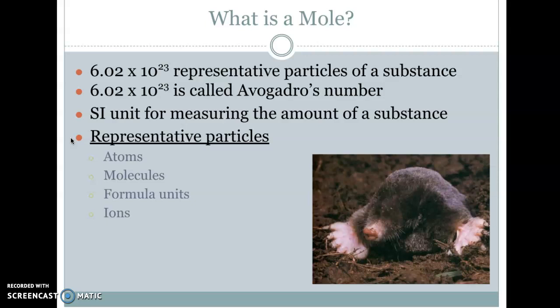They're the very small particles that we talk about in chemistry, like atoms, molecules, formula units, and ions. For an element, the smallest part of an element is the atom. These are the smallest part of a substance that is still considered that substance.